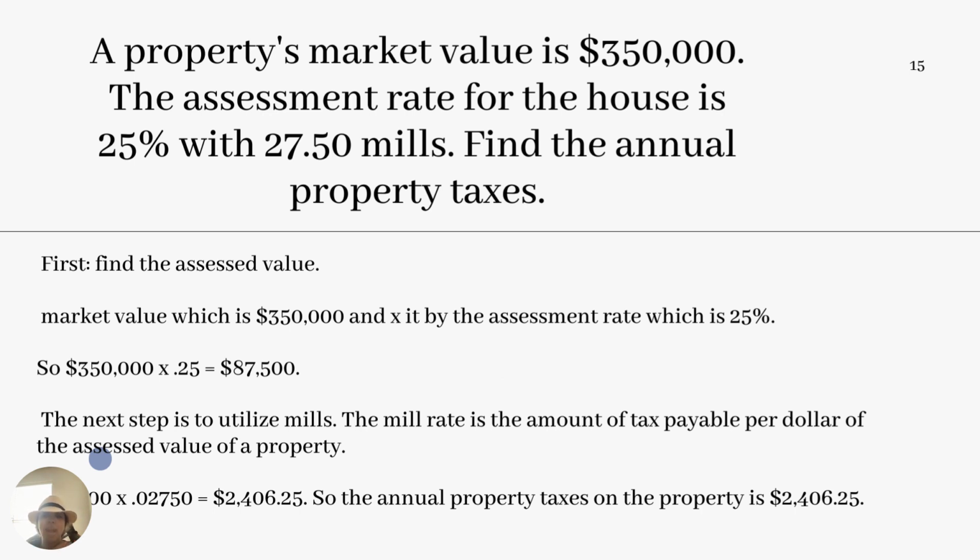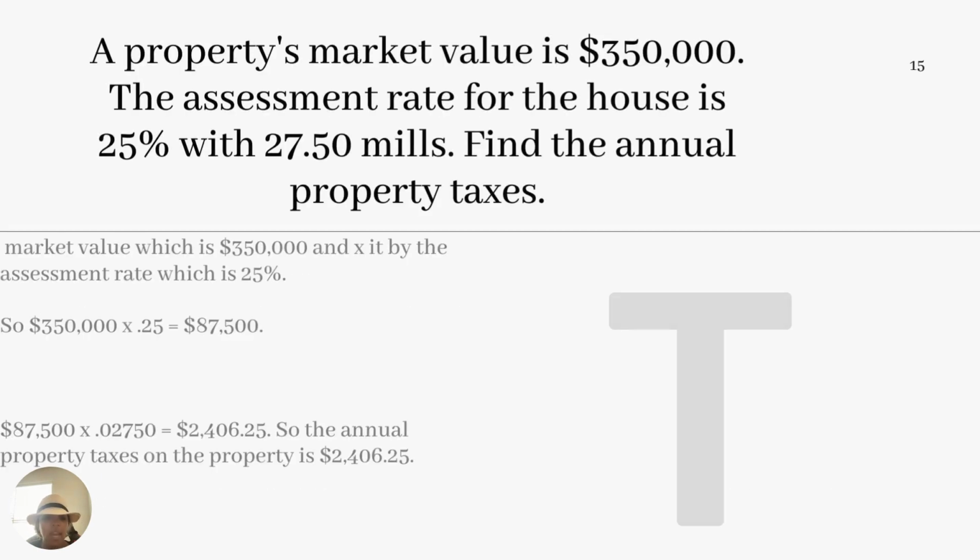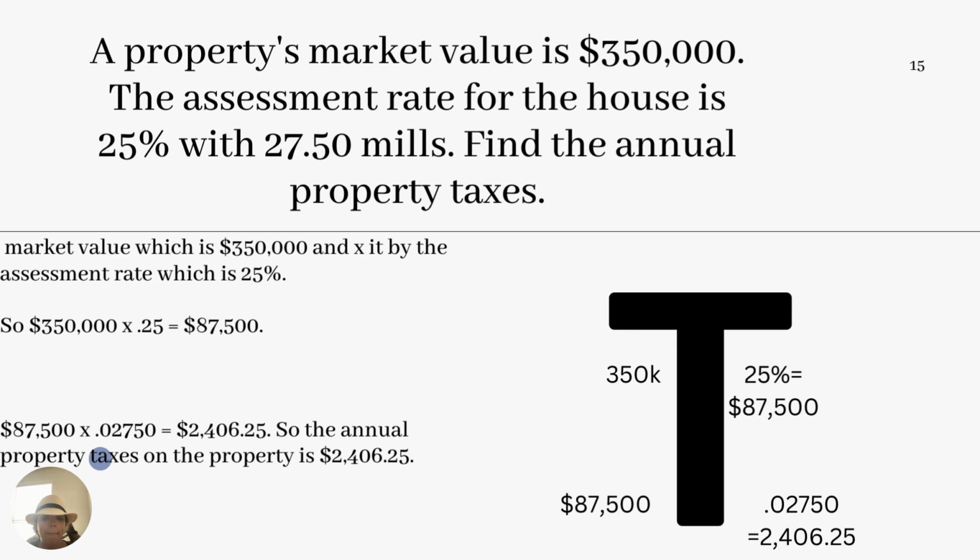So we multiply the assessment value by the mill rate: 87,500 times 0.0275 equals $2,406.25.